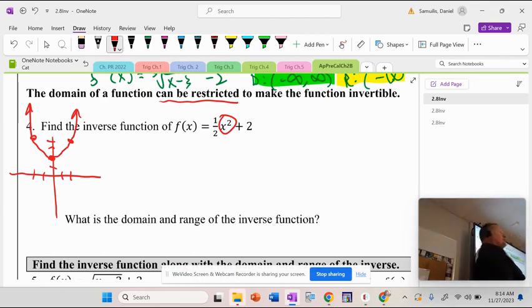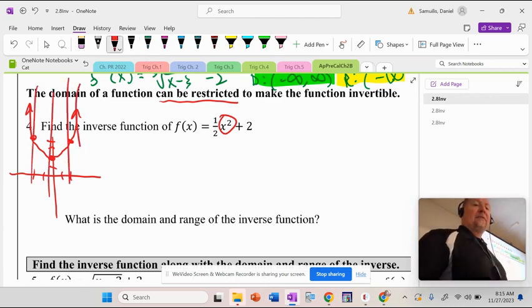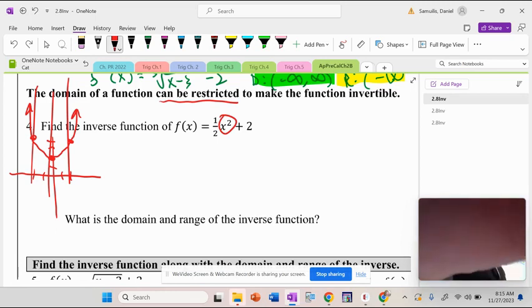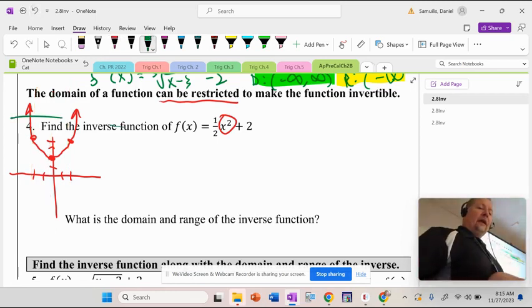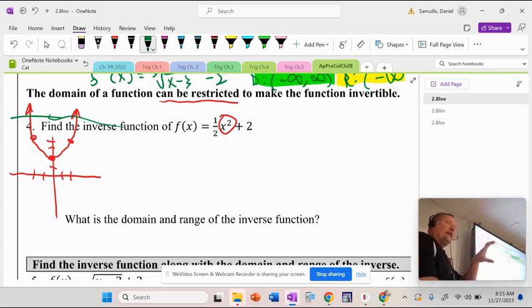First of all, vertical line test: pass, pass, pass, pass. It's a function, but it fails one-to-one because a horizontal line hits twice. That means when I find the inverse, it actually would be a parabola going right-left, and then it would fail the vertical line test.